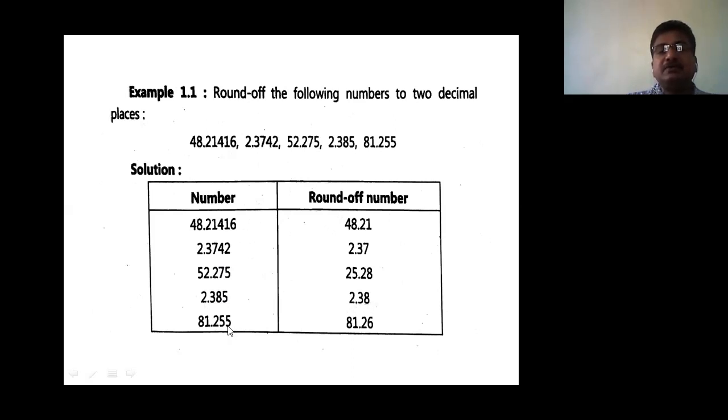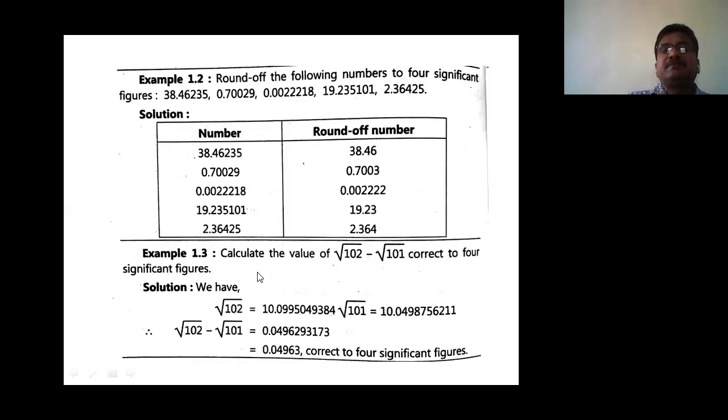So this number is rounded to 81.26, because the first discarded digit is 5 and the previous digit is odd, so increase by 1. So all these numbers are rounded to two decimal places.